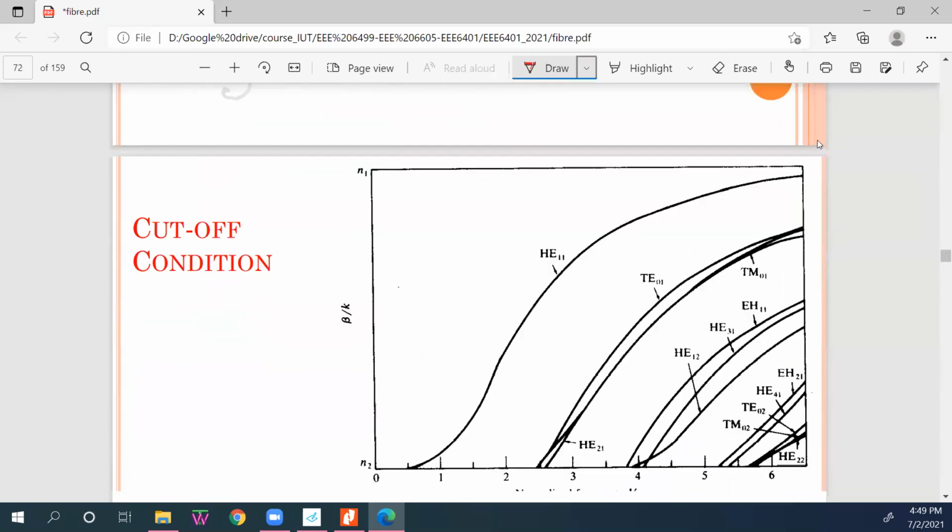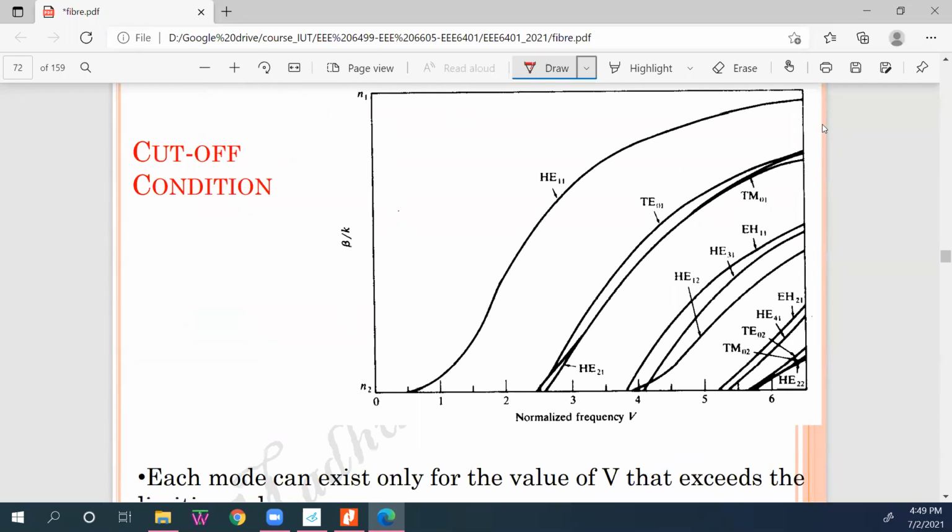Here, this is a normalized frequency V, and you know, beta by k, which was our guiding mode. Remember the cutoff condition?